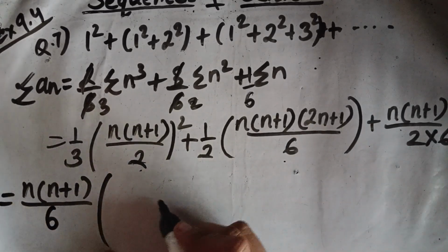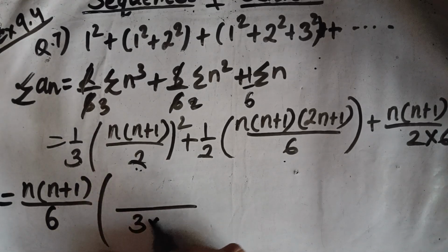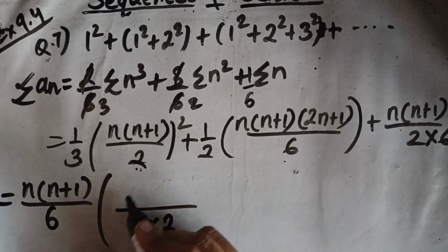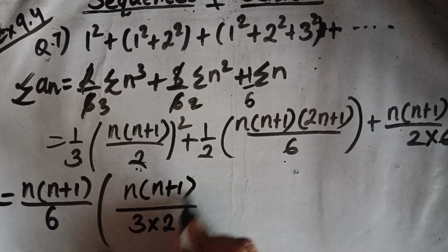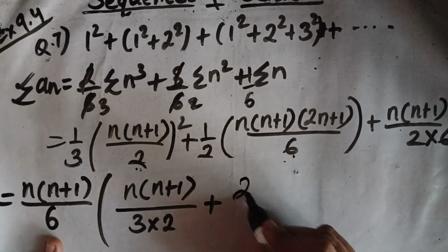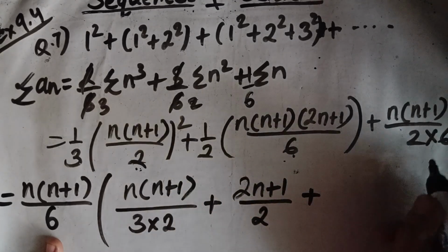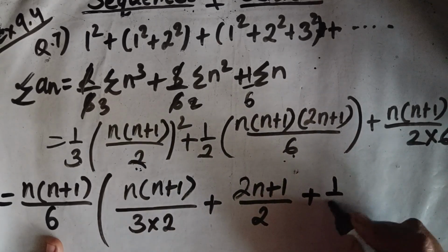So here 3 remains and also 2, because this is 2 square. Here 6 is gone. 1 divided by 2. So this is 1 by 2.